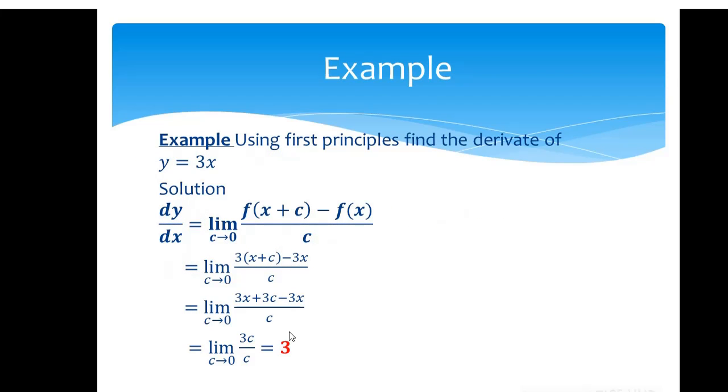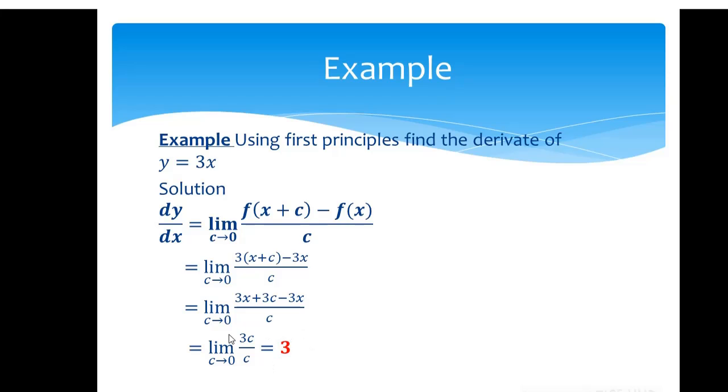The question that we want to answer is saying, using first principles, find the derivative of y equals 3x. So first we write our formula, and now we substitute the function that we have into our formula. If we substitute x plus c in place of x in our given function 3x, we have 3 open bracket x plus c minus 3x all over c.